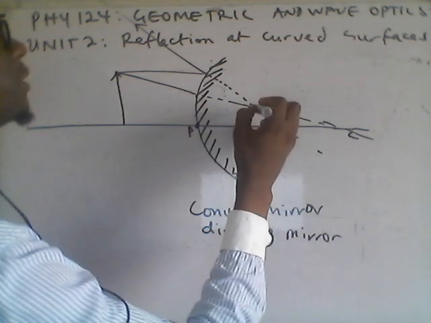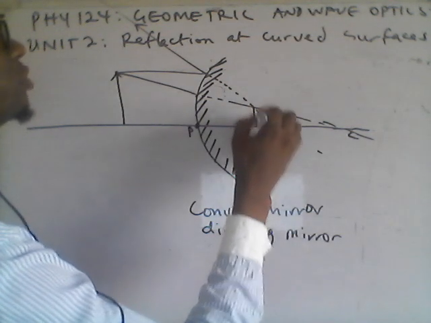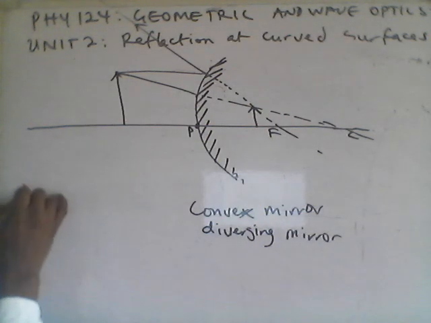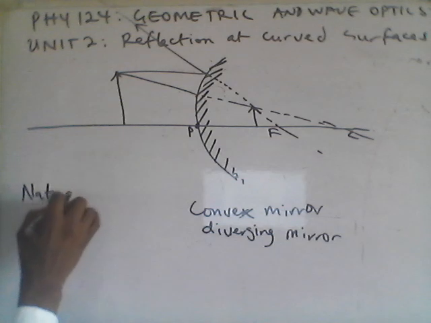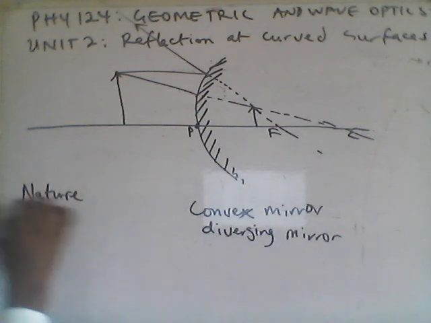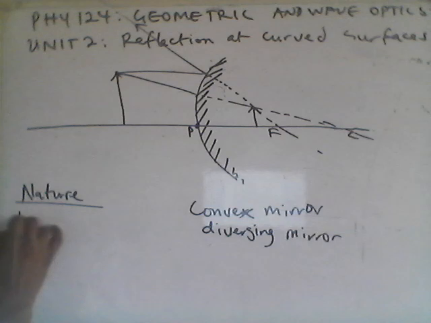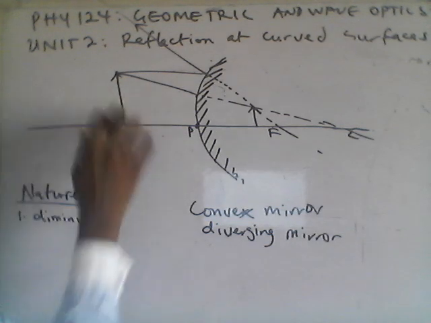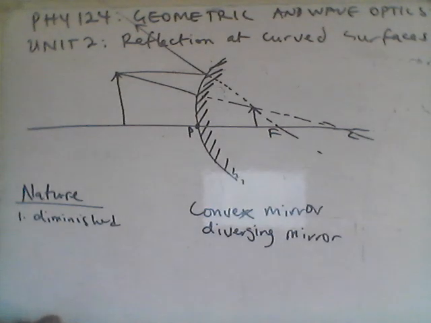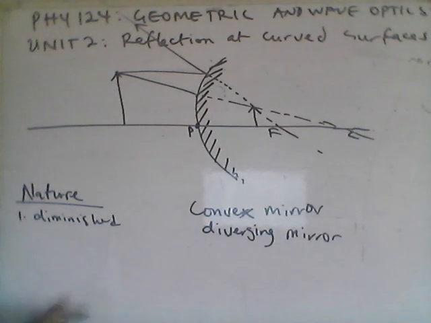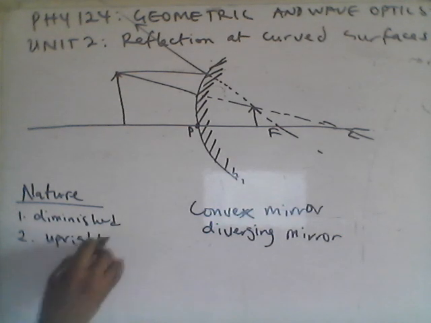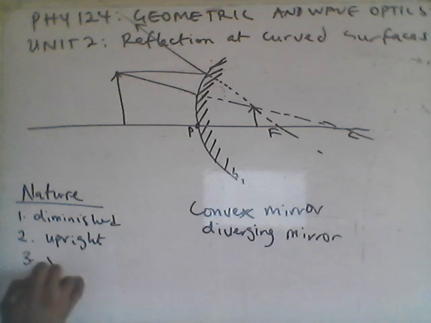So here, the image is formed here, and the nature of the image formed by a diverging mirror is, number one, diminished, small size, so the magnification is less than 1. Number two, it is always upright. Number three, it is virtual, behind the mirror.